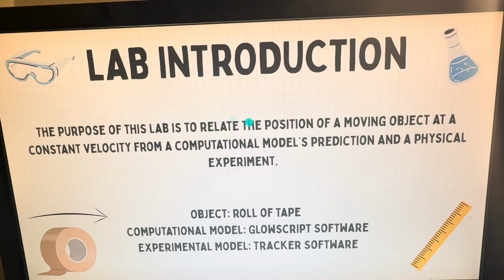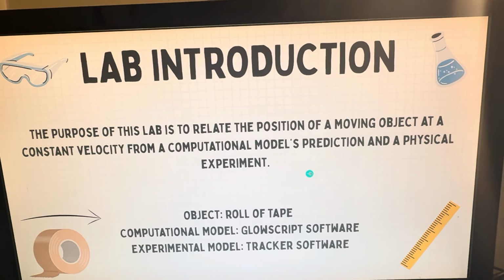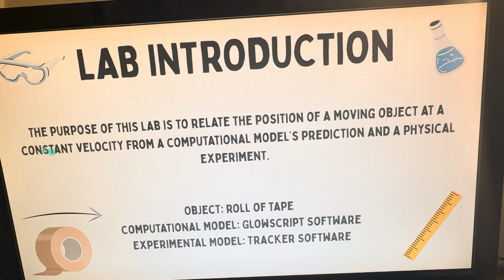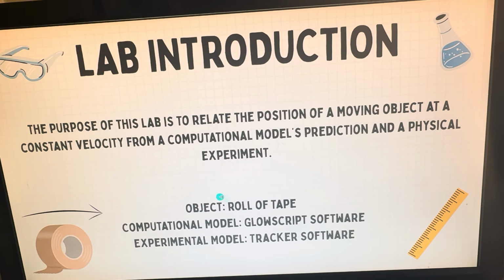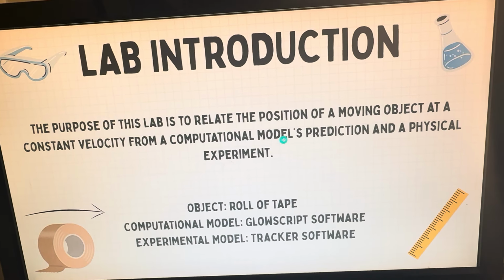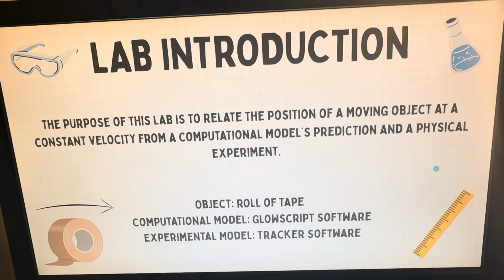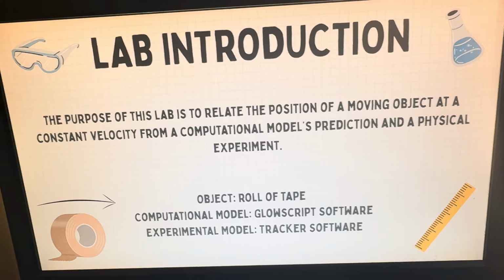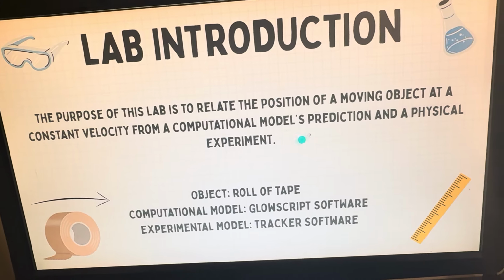The introduction to this lab, the background. What we're really doing is comparing the position of a moving object, in this case a roll of tape, using a computational model and a physical experiment. We're going to track the motion of this object using these two different models and see how they compare.